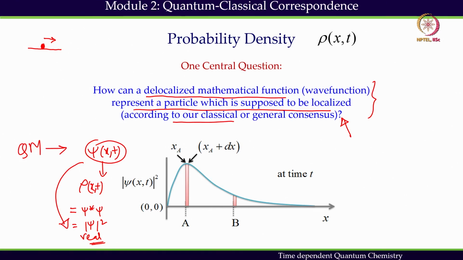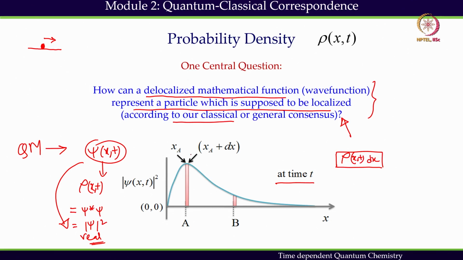In this figure, a typical example of a probability density distribution of a particle at a given time t is presented, and the way we interpret this probability distribution graph is the following. This rho(x,t) dx at a particular time t represents the area under the curve for the dx interval.